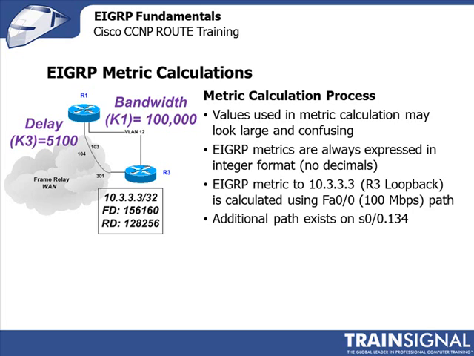Now there is an additional path that exists over to the left on the frame relay network. We'll talk a little bit about that later. But the calculation here is looking at the bandwidth and delay between R1 and R3 and an actual formula that we're going to look at in just a moment. So this is a little bit as to what the background is before we look at the specific calculation. And the 156160 is actually the number that we'd be looking at.